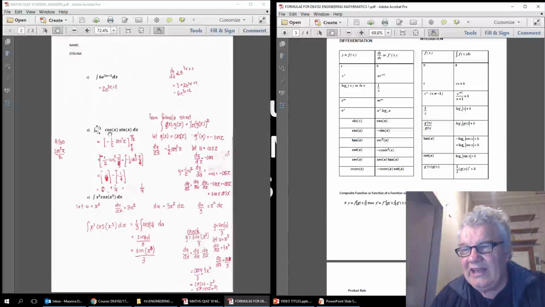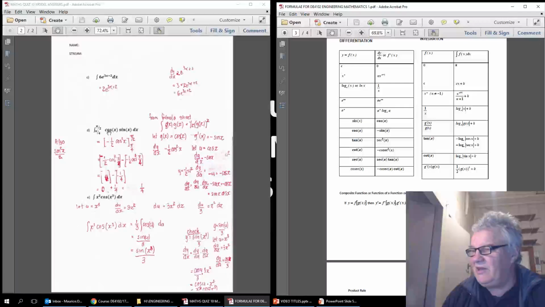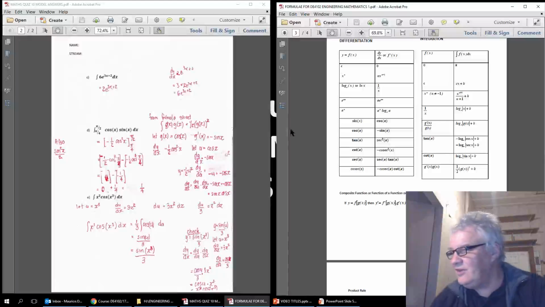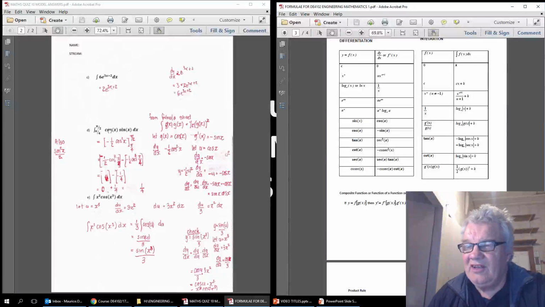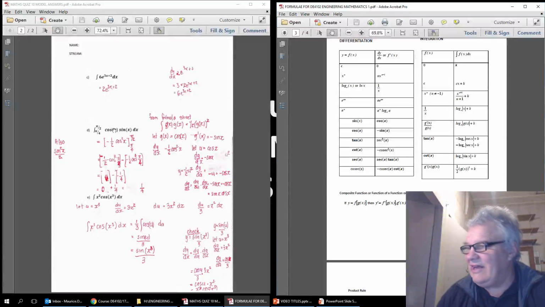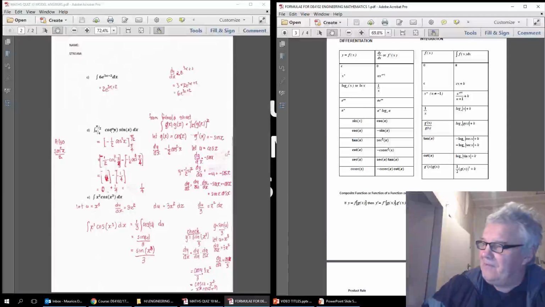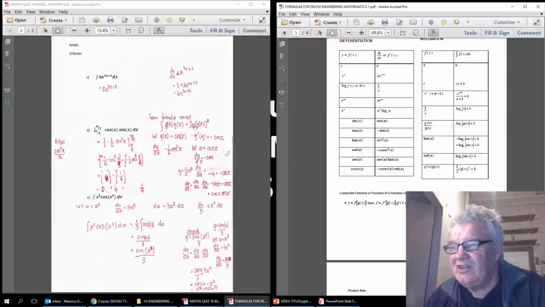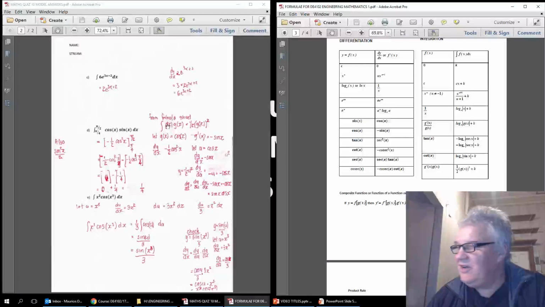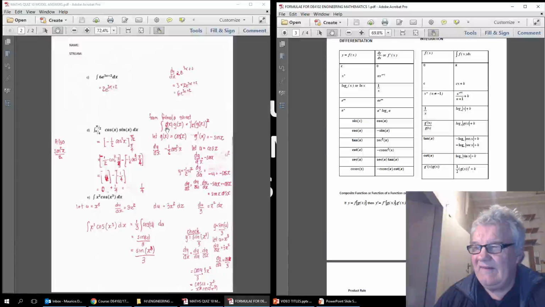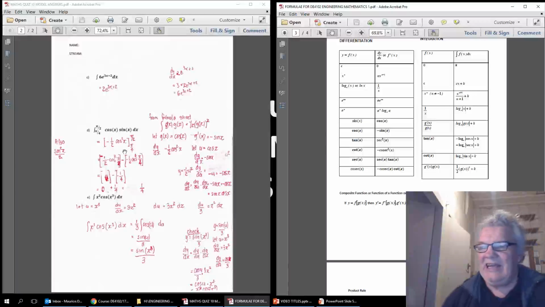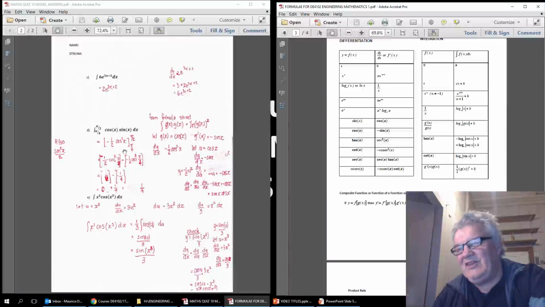So if we look here at cos x, and we say, well, that's going to be our g of x in this case, then our g dash of x is going to be negative sine x. So if we put a negative in there, that's going to counteract that negative that's generated there.